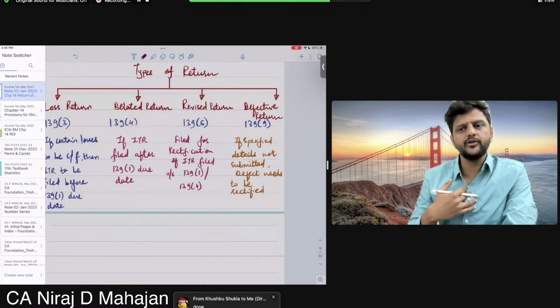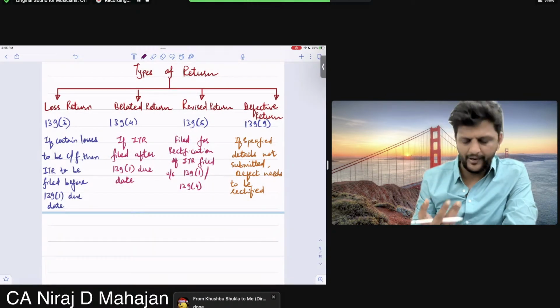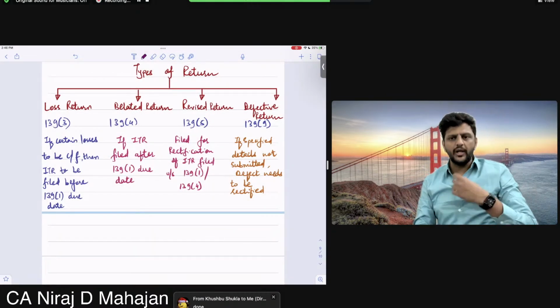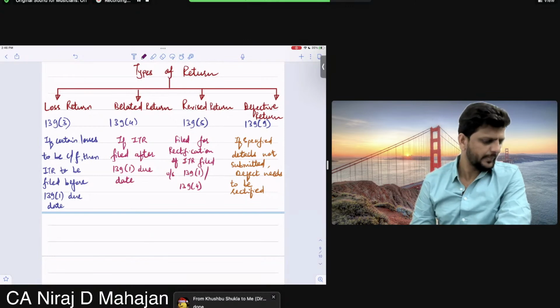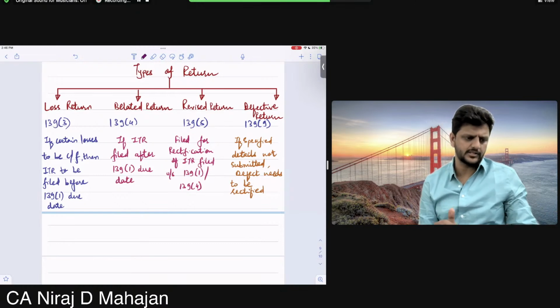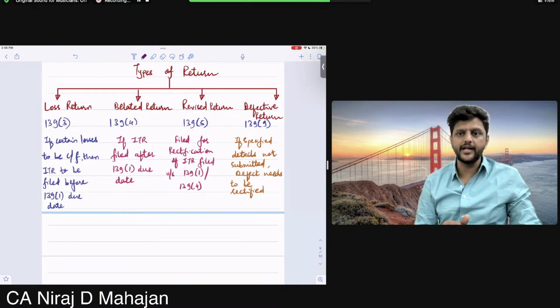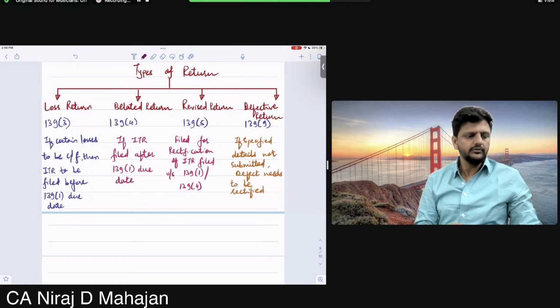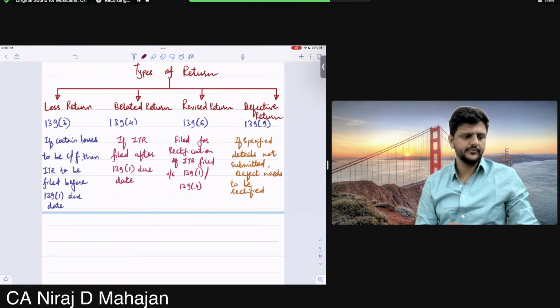Okay. Revised return is something which you came to know about by yourself. That income was 12 lakhs, you have shown 10 lakhs. That is revision. Income was 12 lakhs, you have shown 10 lakhs or vice versa. Defective is some details are missing in the return, which the officer came to know or the system came to know later on, which is required.